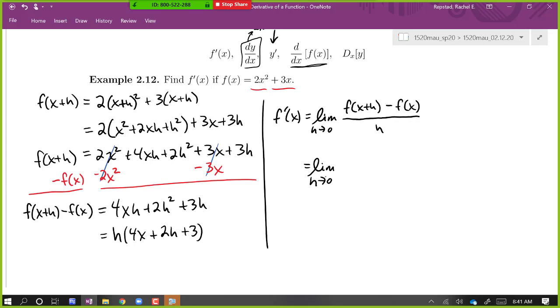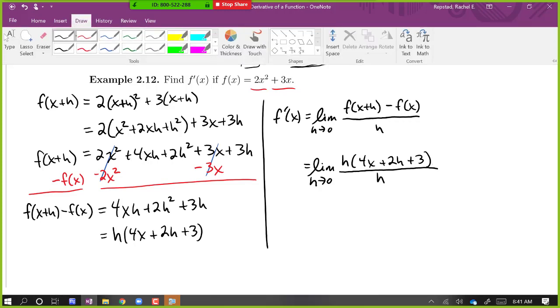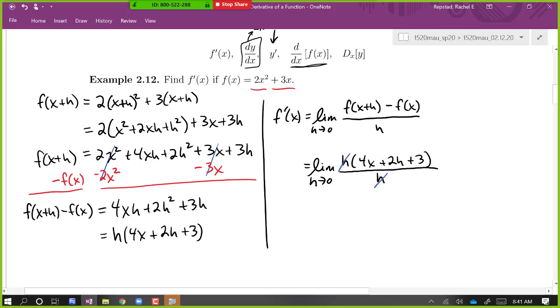And we talked about that last time when we were doing limits, how it's important to carry the lim through all of your steps until that moment when, in this case, we actually let h approach 0. This feels pretty good. We can cancel those h's.